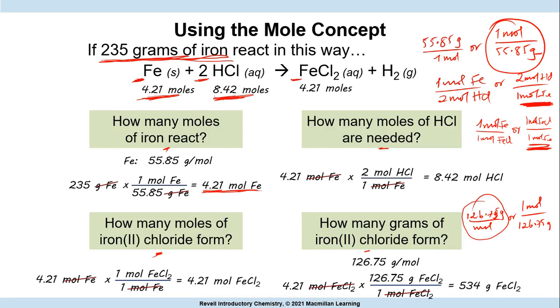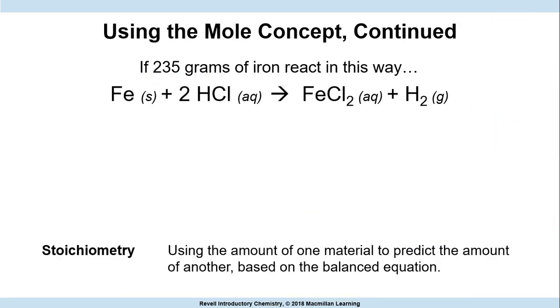As well, we could still calculate the moles of hydrogen from the moles of iron, or from the moles of hydrochloric acid, or from the moles of iron 2 chloride, since we have already calculated those. And from the moles, we will still move to the grams.